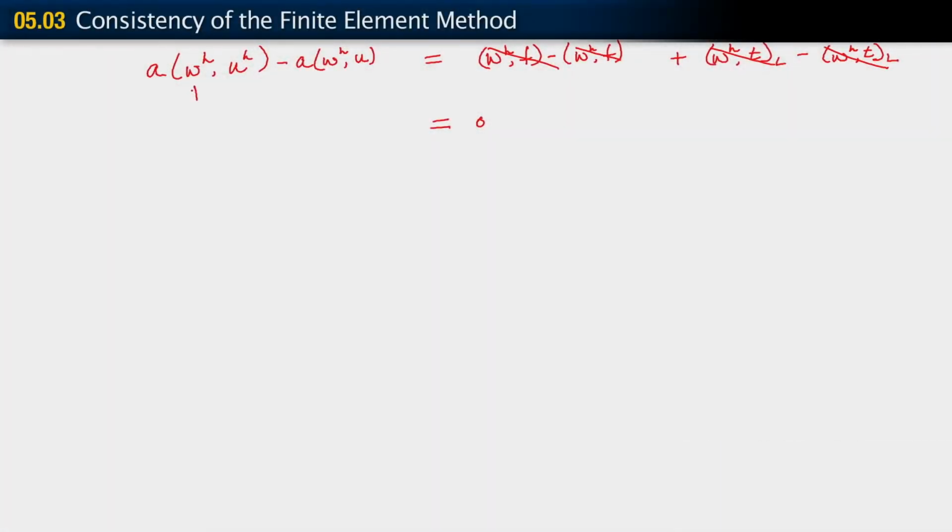It's linear in the first argument as well as the second argument, right? Likewise for this. What this lets us do is to simply write what we have on the left hand side as A(WH, UH minus U) equals 0. Okay? All right. So we've got as far as here.